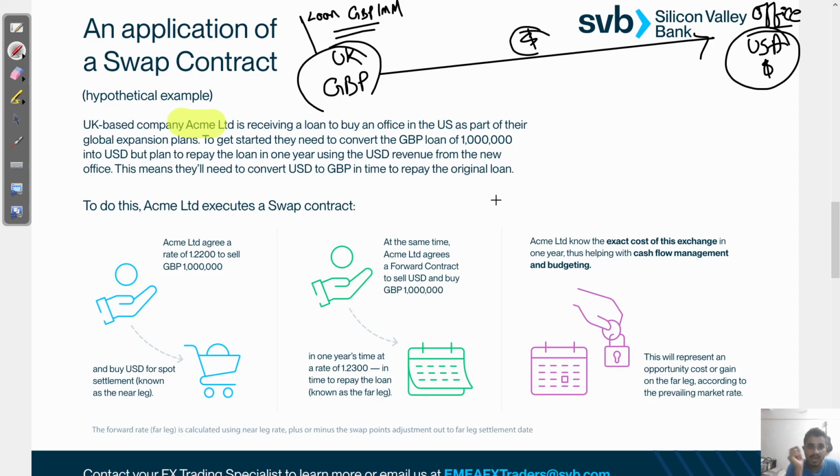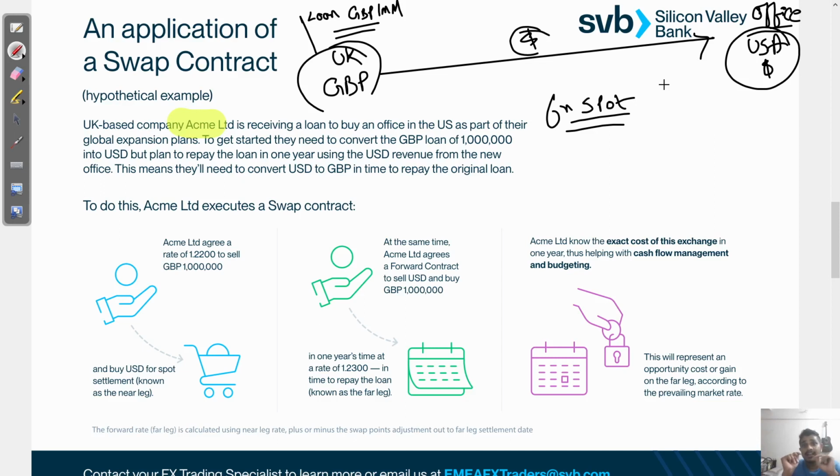So try to understand what is happening. In the FX spot transaction, Acme is using its loan amount of 1 million GBP to convert it into USD.